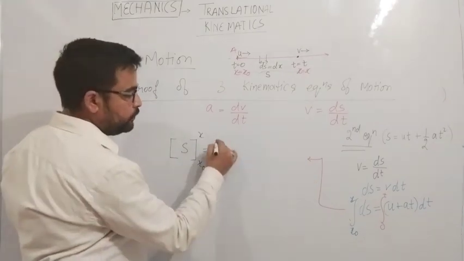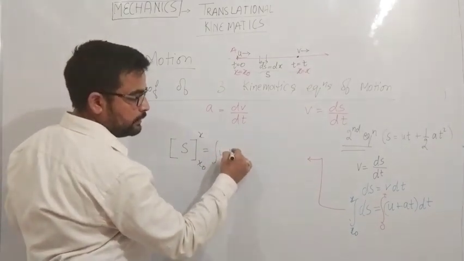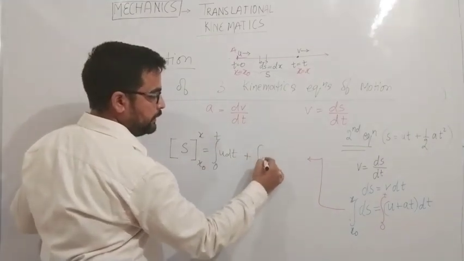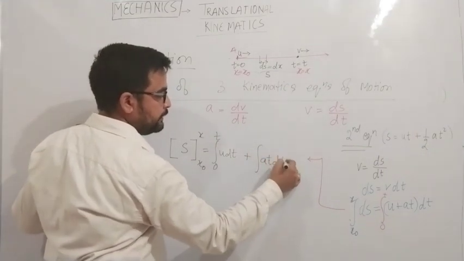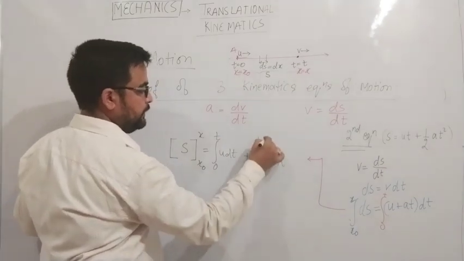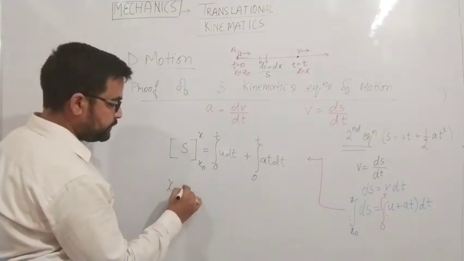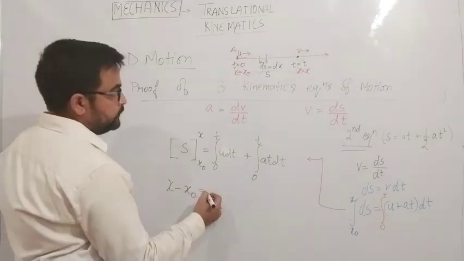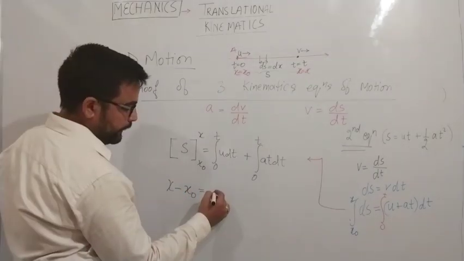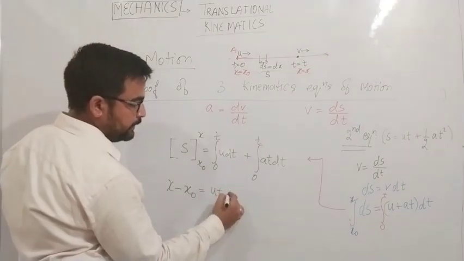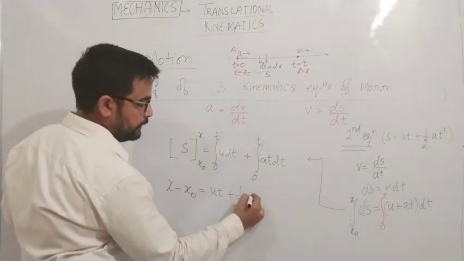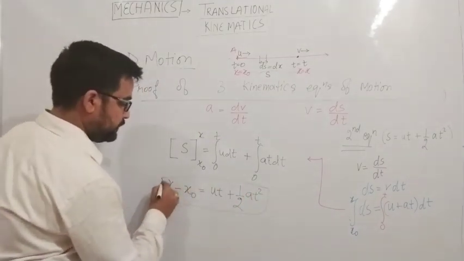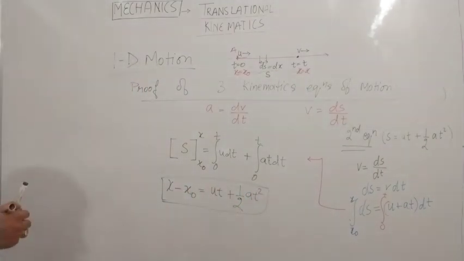And that will be u dt from 0 to t plus at dt from 0 to t, and finally you will get x minus x naught is equal to ut plus half at square.